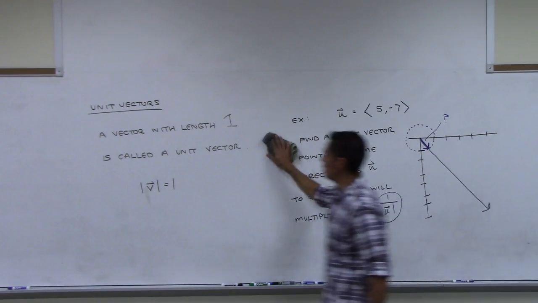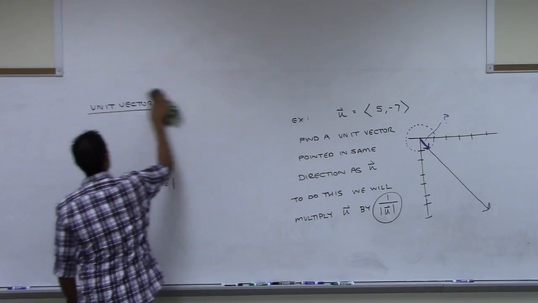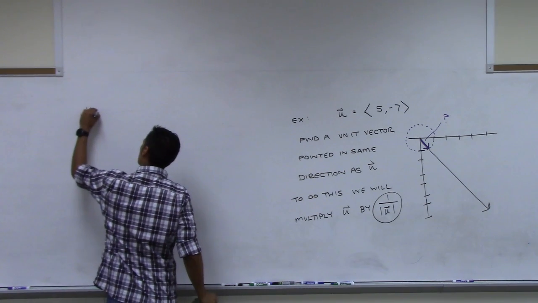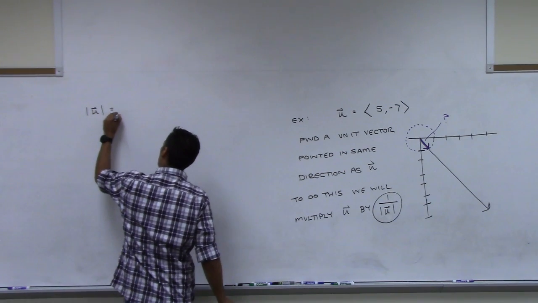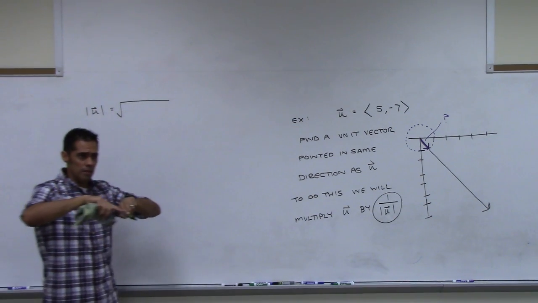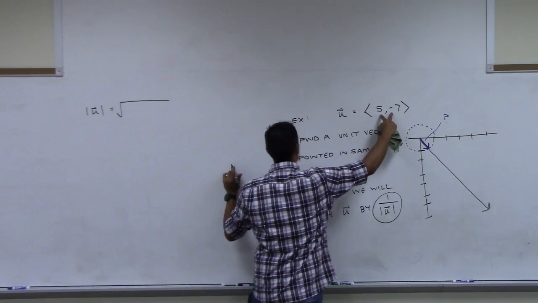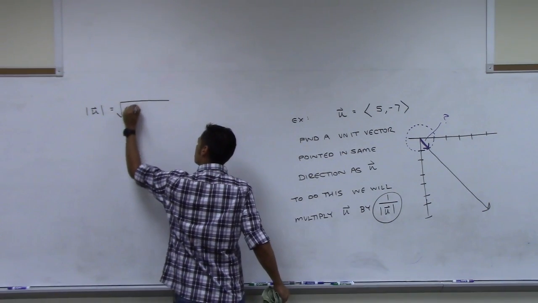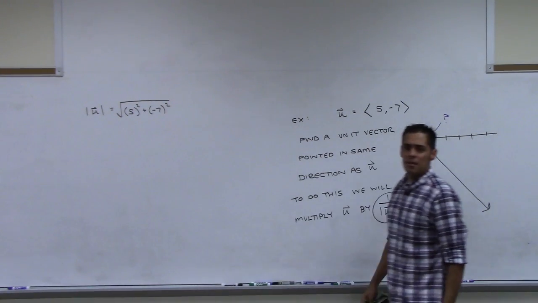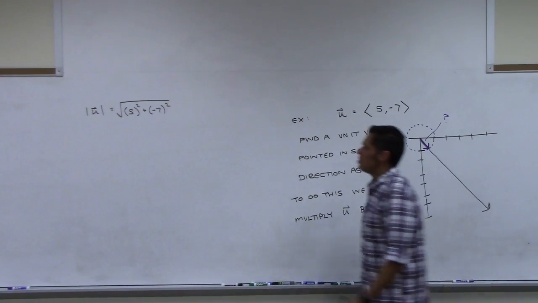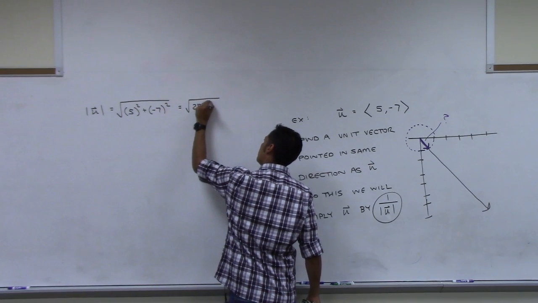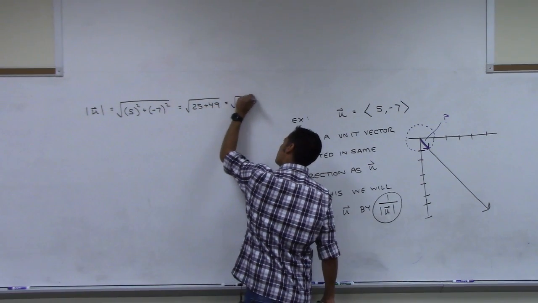So let's do that work over here. What is the length of u? There was a formula for it. It was the square root of the sum of the components squared. So I just have to square these and add them together. That's what the length is. So this is root of 25 plus 49, which is root 74.